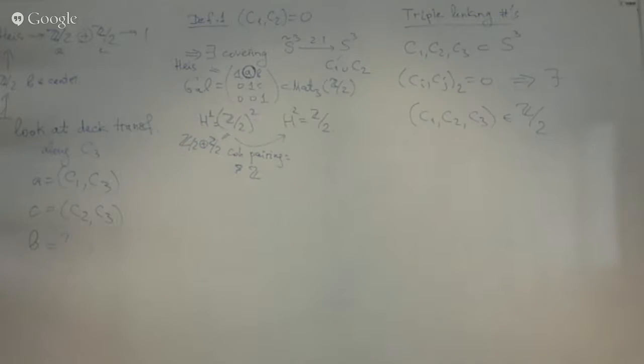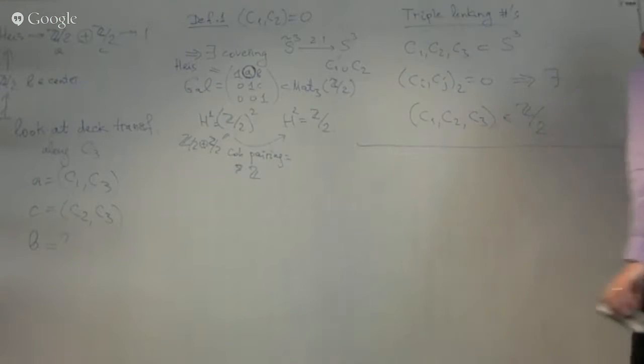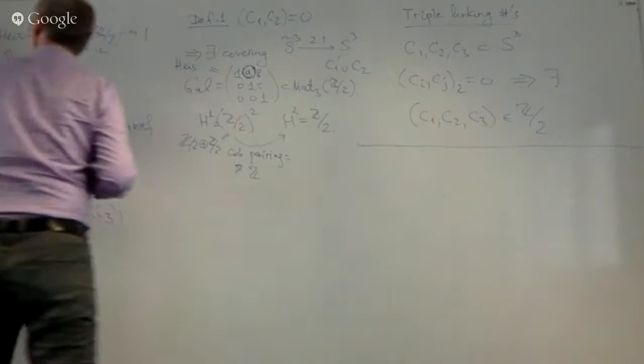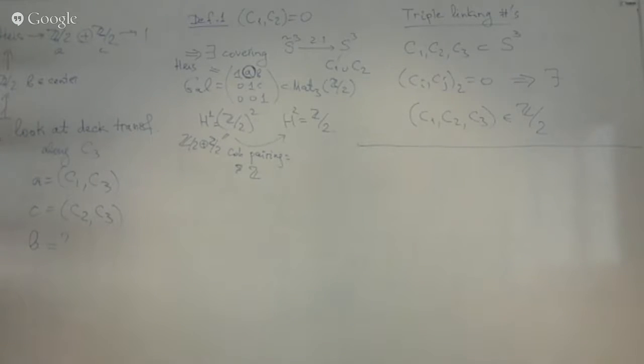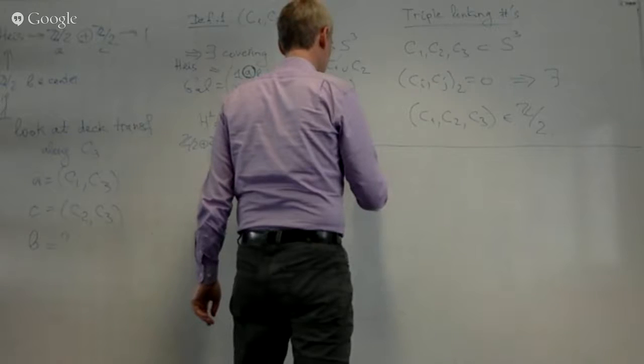Now there are several ways of defining, actually, even the linking numbers. I didn't cover all of them. One way of defining the linking number would be by topological pairing. So let's wait and do another definition.